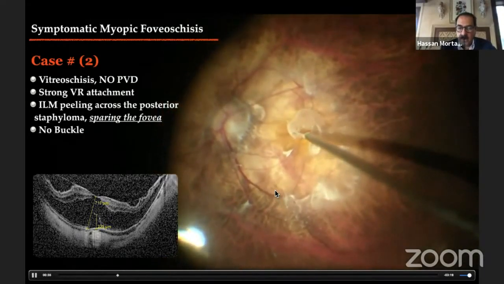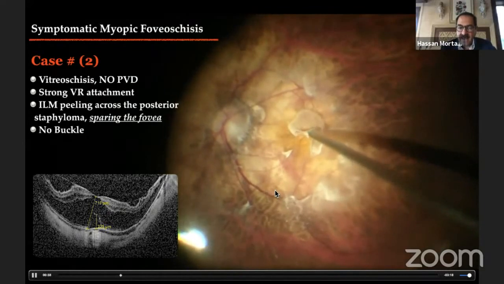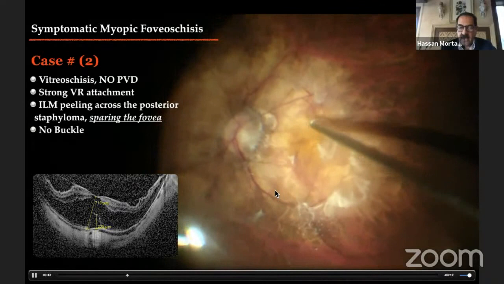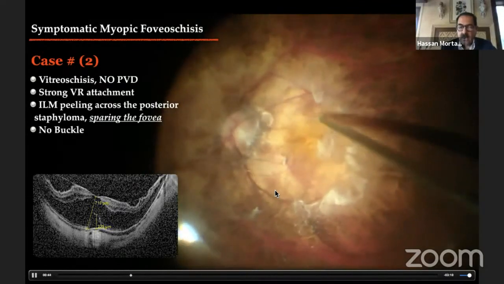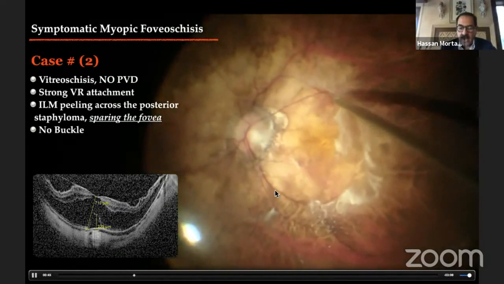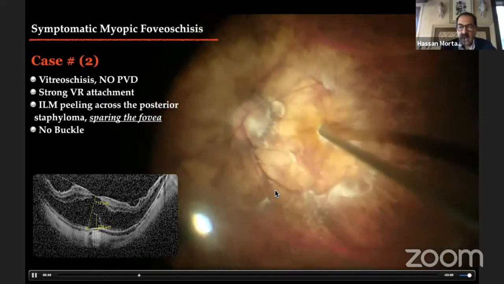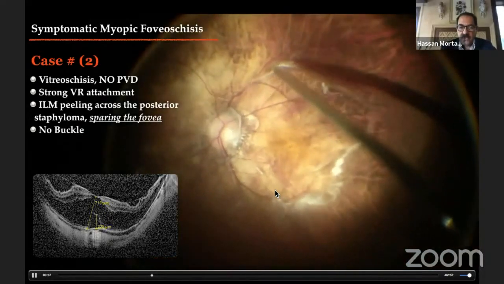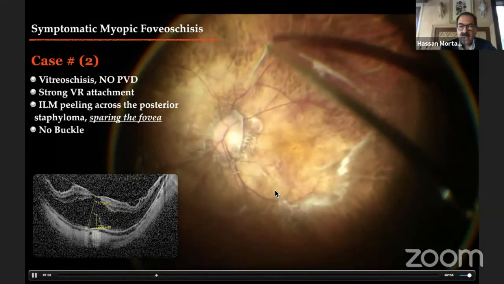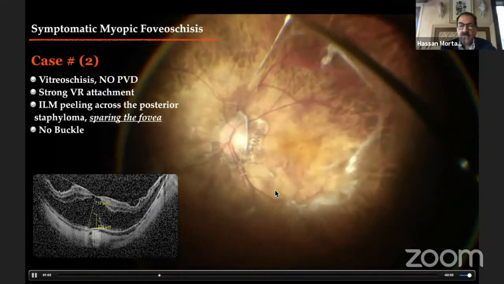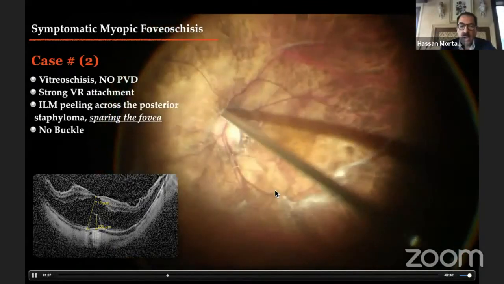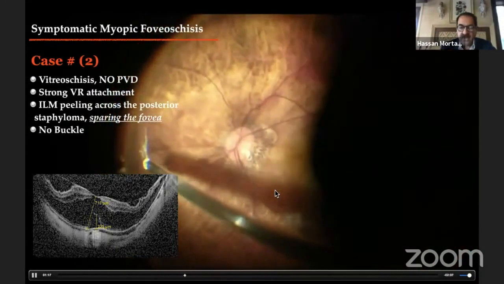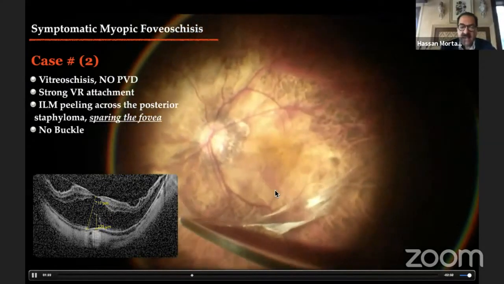Here the probe is used to detach the posterior hyaloid, and this should be done gently and cautiously, trying to elevate the posterior hyaloid until it is elevated from the surface of the retina. And then it is peeled to the posterior border of the vitreous base, or as far peripheral as can safely be done.